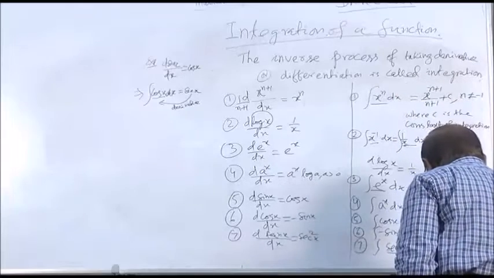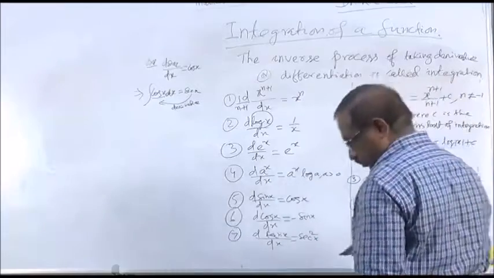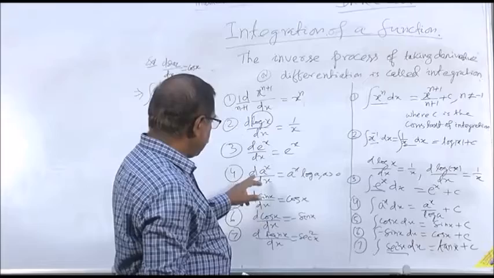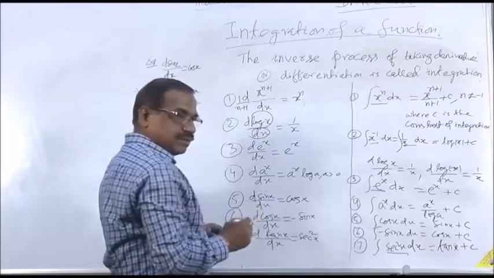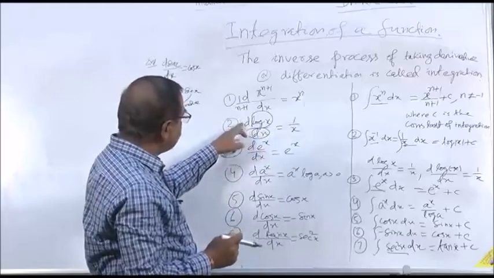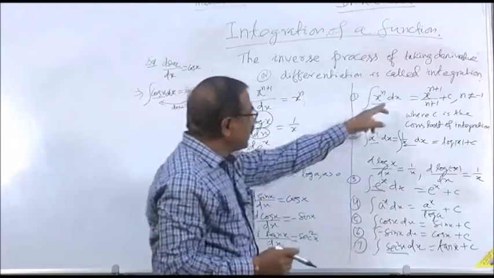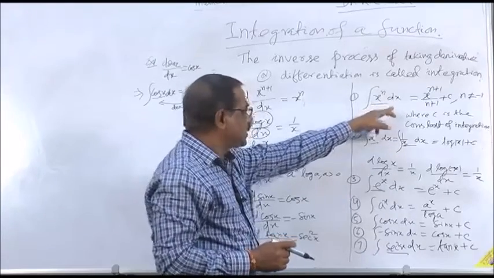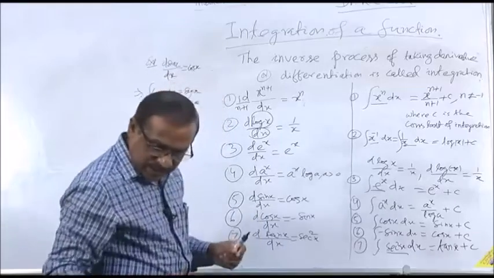So it is tan x plus c. Now, you see, this denominator dx means we are taking the derivative with respect to x. Similarly, we are taking the integration with respect to x, dx is there.